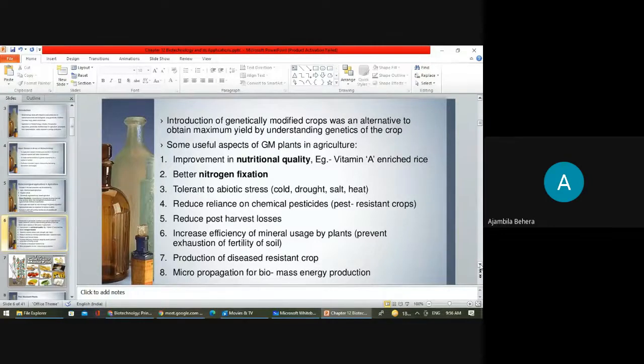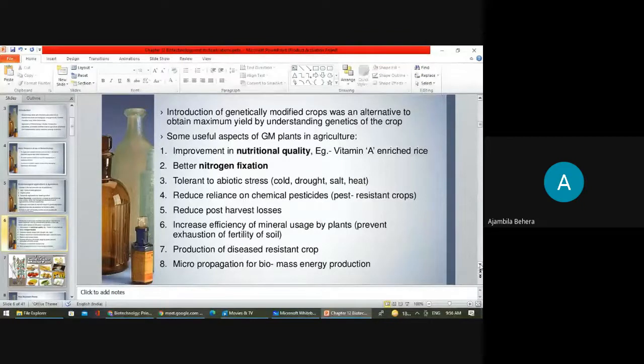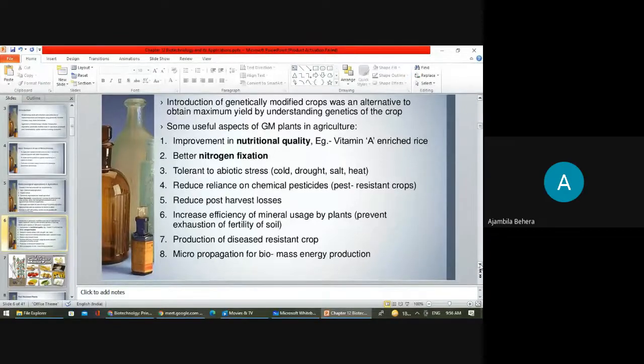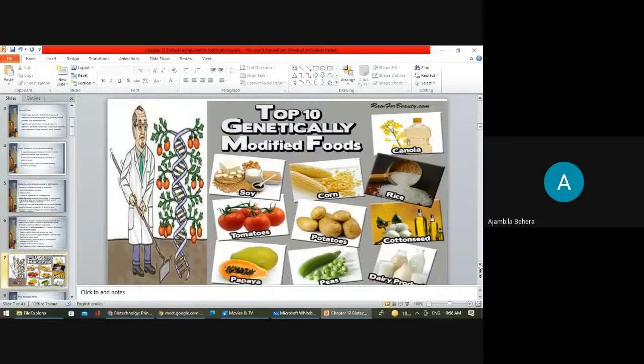So disease resistant crops can be produced through biotechnology, through GM crops. And micropropagation for biomass energy production. So these are the various advantages of GMO, genetically modified organisms, genetically modified crops or genetically modified food we can obtain from them.